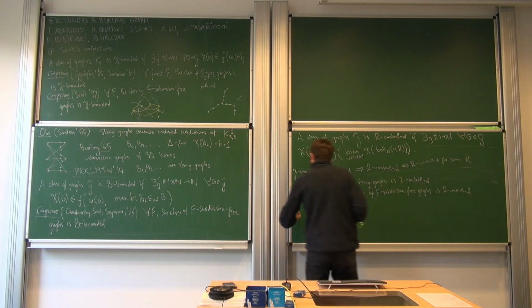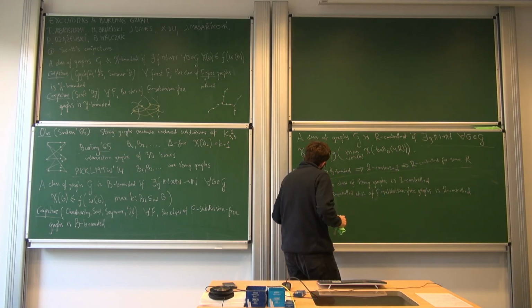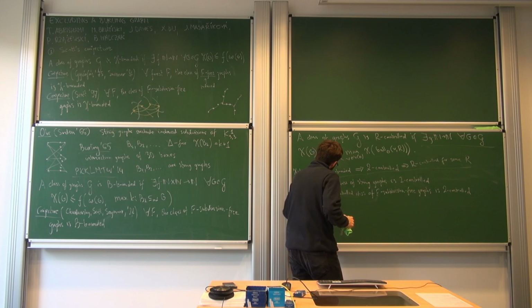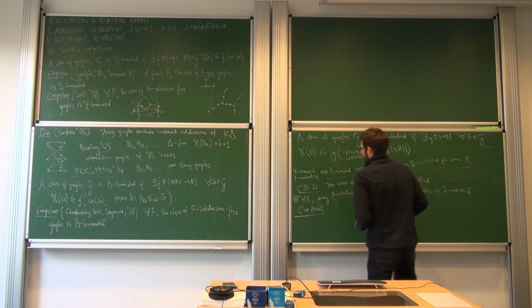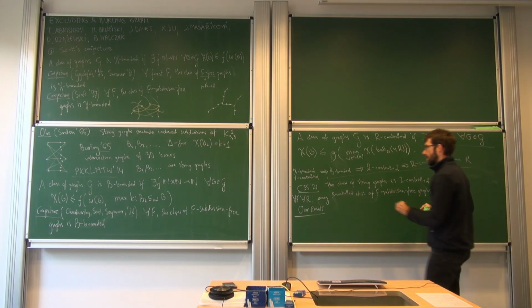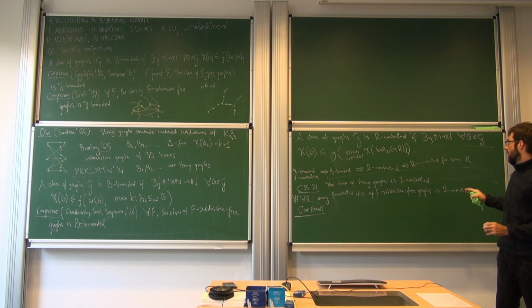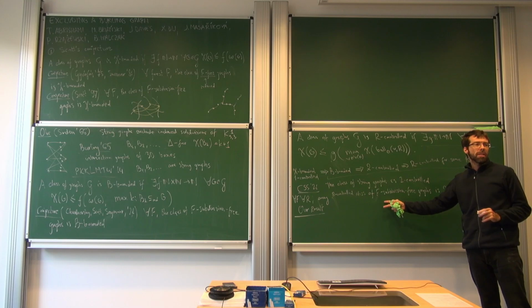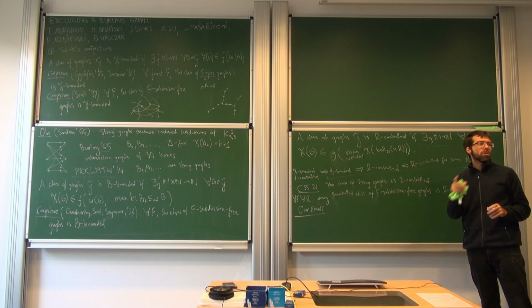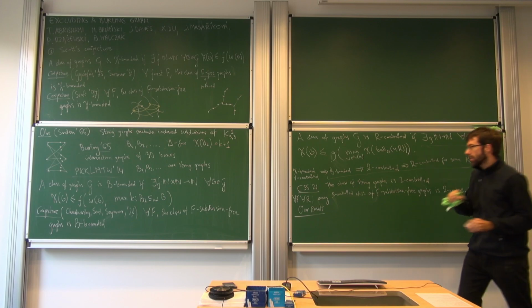So let me write our result. Actually I am going to exclude not just all subdivisions of some fixed graph F, but let's take K_{T,T} and I just want to exclude one subdivision. It's enough to exclude one subdivision.